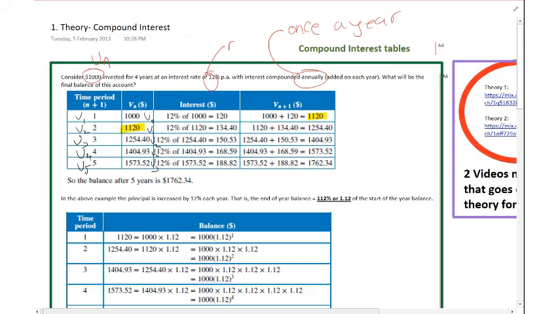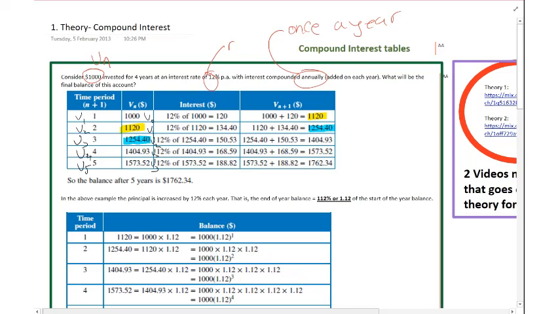So now I get 1120, that's my new amount. Then I do 12% of that, which is $134.40. I add that to 1120, and I get 1254.40. And I use that here.